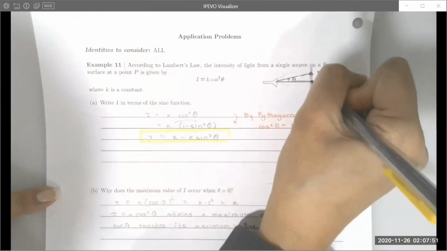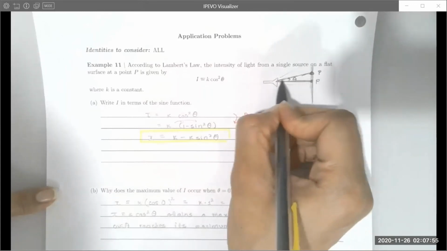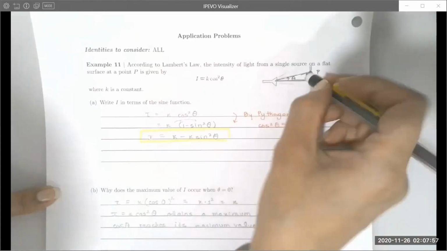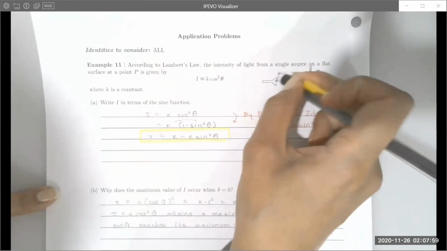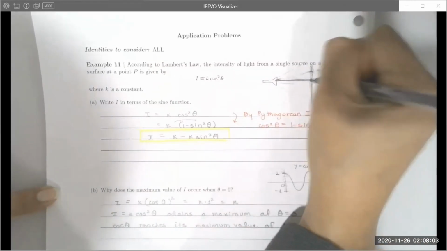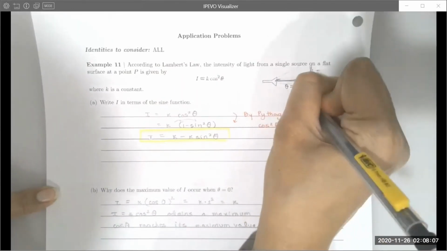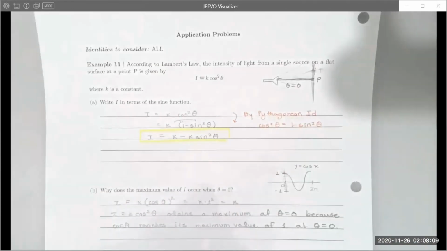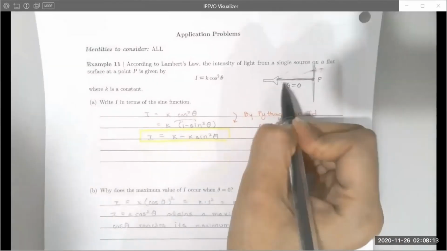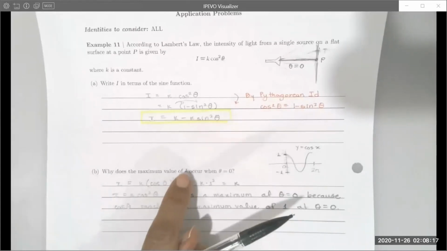So it's like the point P is down here. If the point P is directly in front of the flashlight, that means the angle doesn't even open up. It just stays there. And so the angle has a measure of 0 radians or 0 degrees, and according to what we're seeing here, that gives you the maximum intensity.